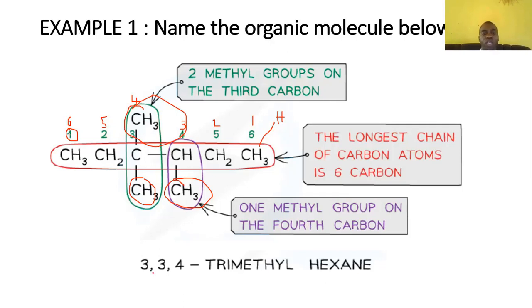This becomes 3, 3 because on 3 there are 2 of them, and then here there is 1. So 3, 3, 4, trimethyl, tri meaning 3. And the parent here, we said it's hexane. So just join them together and you are done with the name. Remember, if they are polysubstituted, the commas separate the numbers, but the numbers and the word are connected by a hyphen.